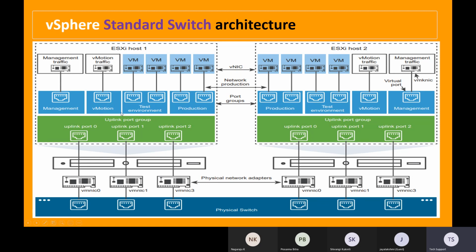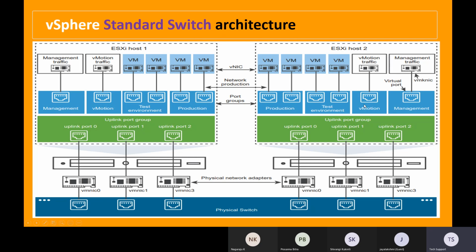Systematically, they segregated the port groups. All this blue color information is port groups. The same way they divided it for ESX2: one port group dedicated for production, one for test, and another for vMotion.